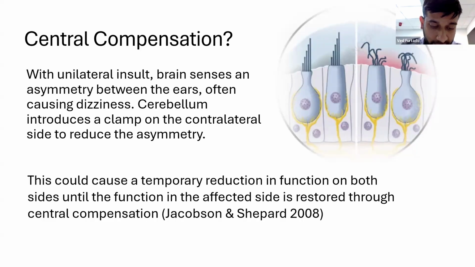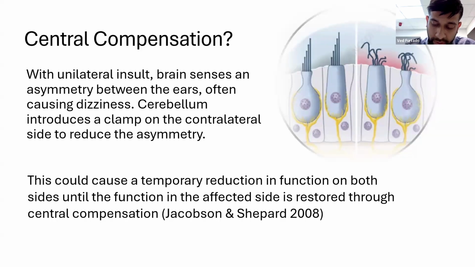So in this case, since we only see reduced function of the type 2 hair cells on one side, the clamp could be applied to type 2 hair cell function only on the other side. What we see here is that we're seeing this reduced function only on calorics, because obviously that's the one that's testing type 2 hair cell function on both sides, but not on V-HIT.